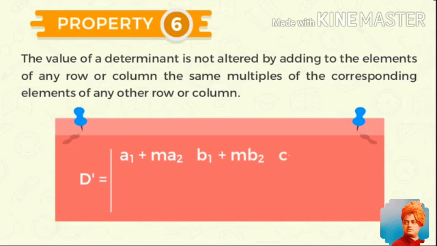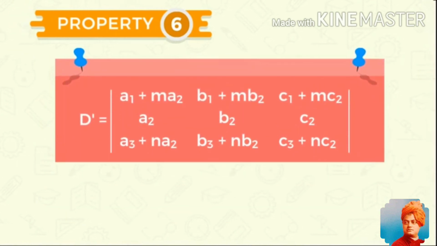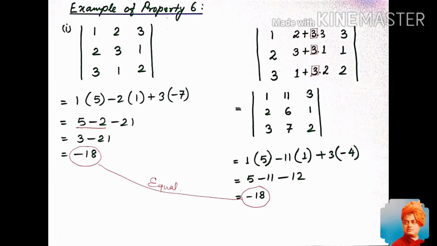So we'll get this new first row, we'll keep the second row the same and we'll get a new third row, as shown here. So the result of this determinant will be the same as the original determinant.